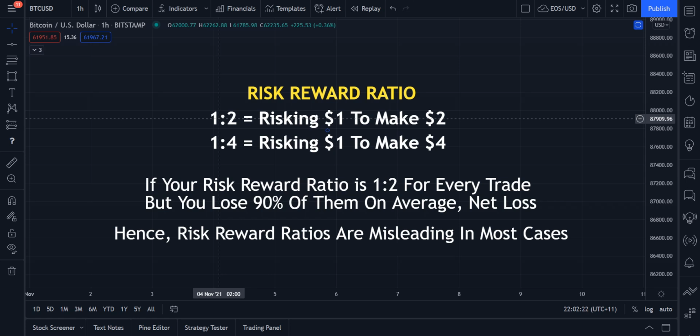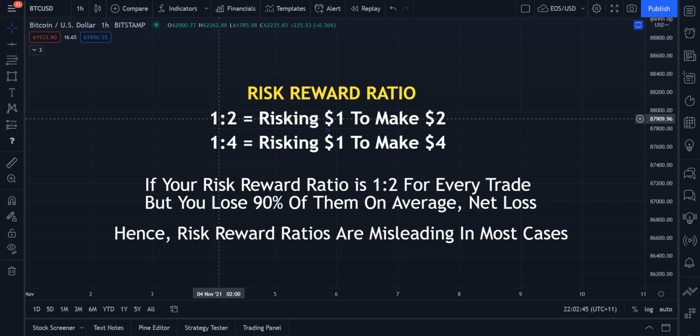And the reason why I don't think this is an extremely effective way to measure risk and reward is because I think it's quite misleading, right? I do it occasionally, but not too often, because I don't really release direct trading signals too often. I want to leave some of the stuff up to interpretation for you guys, because I don't want to be a trading signal channel per se.